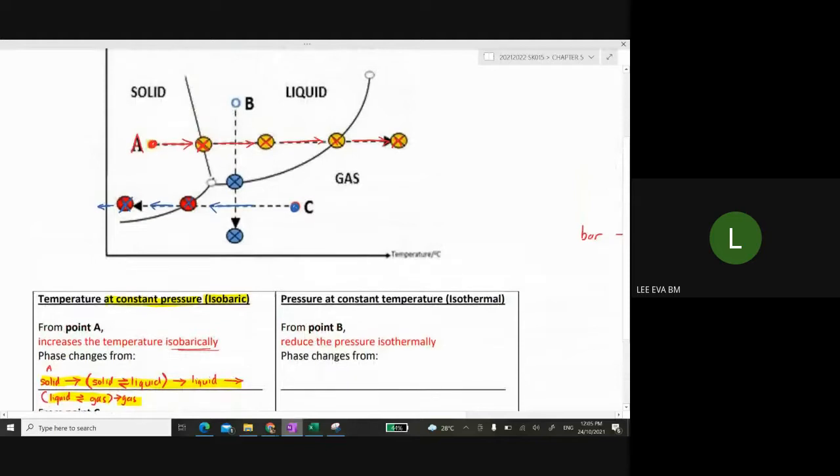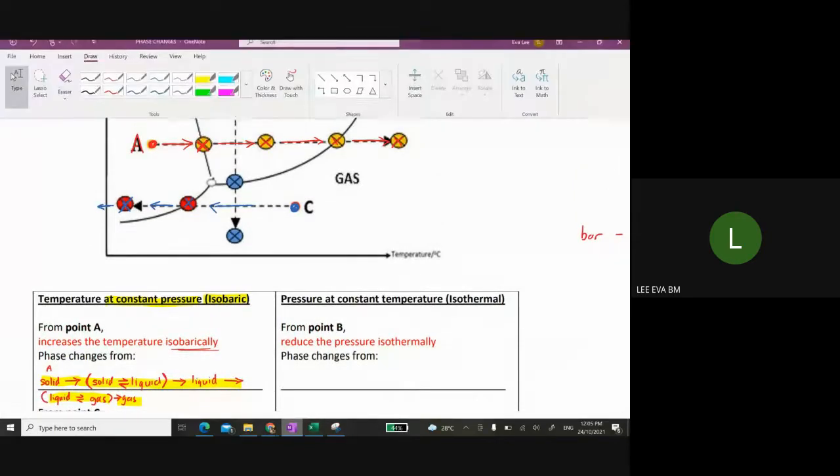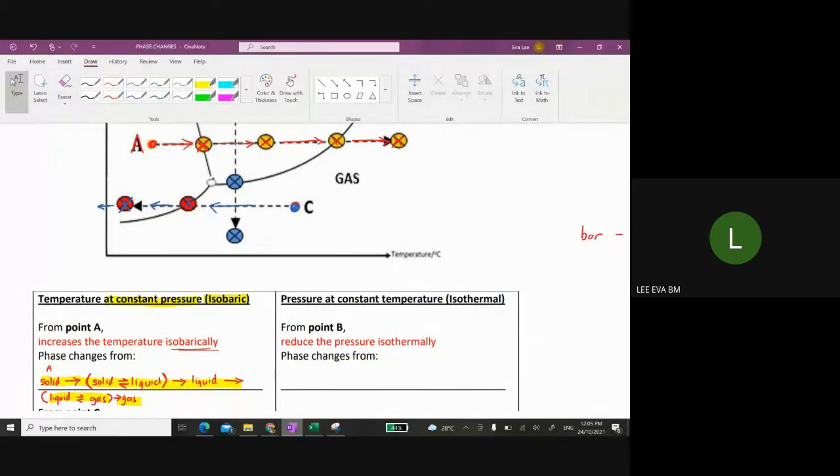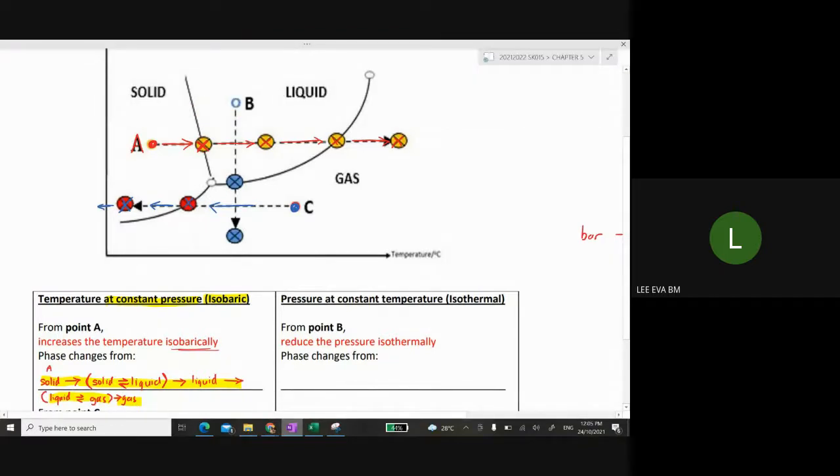Then the second condition is if you adjust the pressure at constant temperature. Earlier, with constant pressure, you look at this line, just one line, one pressure. Let's say I keep this one as 1 atm, so everything happens at 1 atm. That is constant pressure.